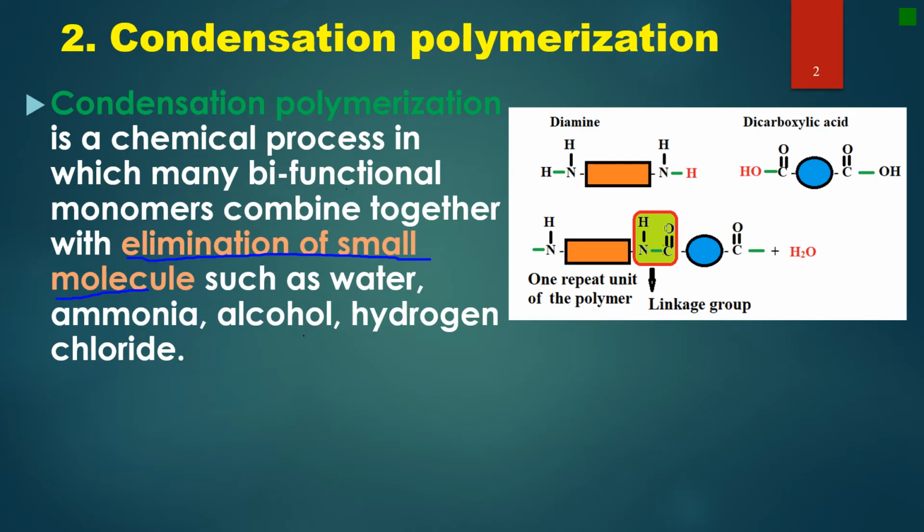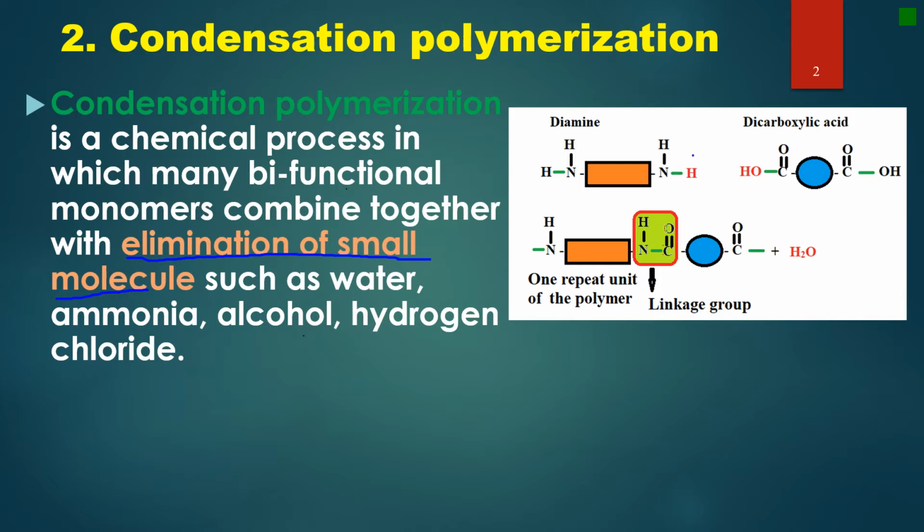Let's take the example here. We have two monomers. One is a diamine, another one is a dicarboxylic acid. As you can see, the monomers have different functional groups.